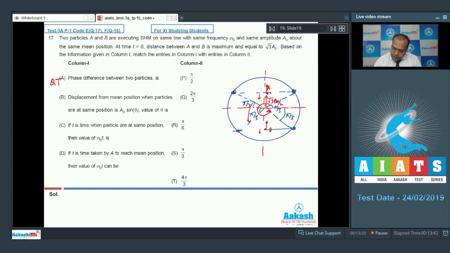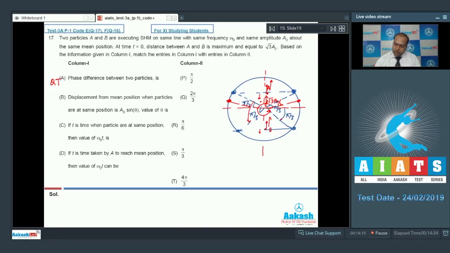So suppose when A is moving in this direction and this is also moving in this direction, after some time the projection of this particle comes to here and this is moving in this direction, meaning the particle on a circular path is here and this particle is here. So in that case, I find out the angle B has rotated, suppose it has rotated from here to here, at this position they will have the same displacement.